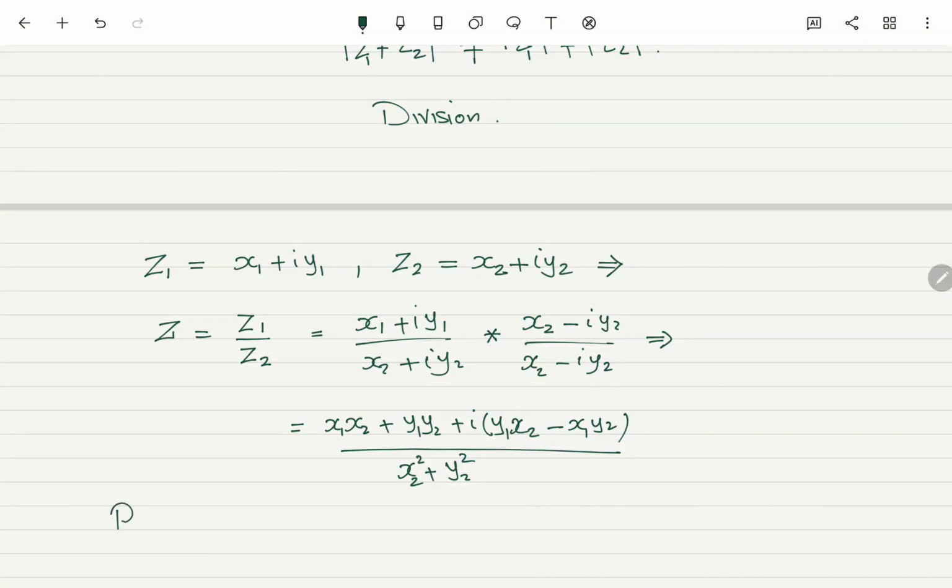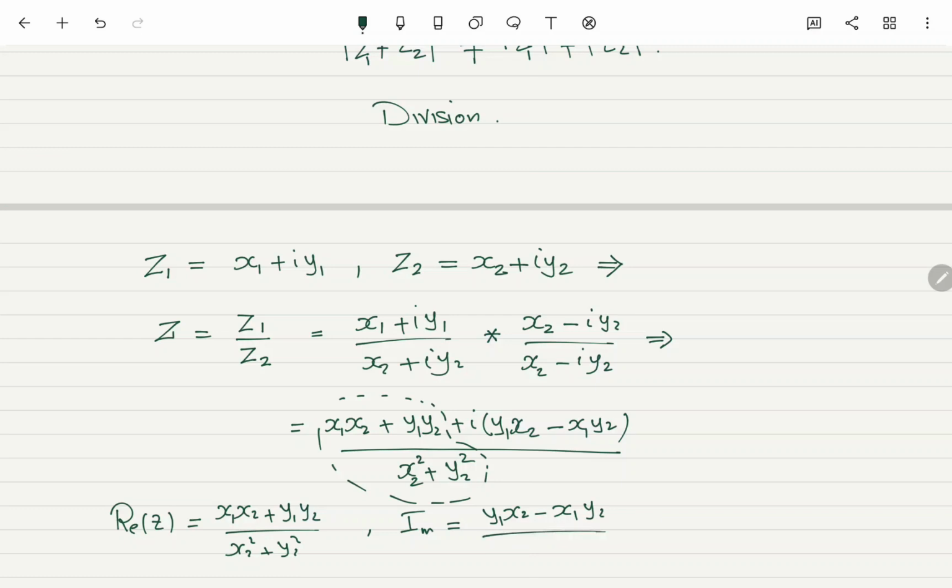The real part of z is x1 x2 plus y1 y2 divided by x2 squared plus y2 squared, and the imaginary part equals y1 x2 minus x1 y2 divided by x2 squared plus y2 squared.